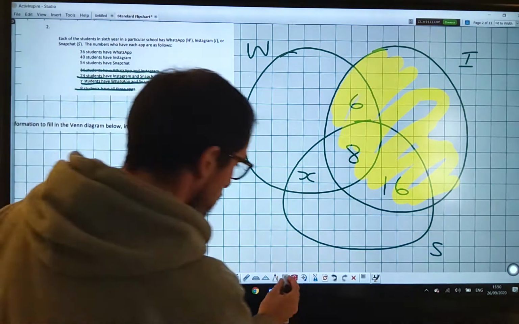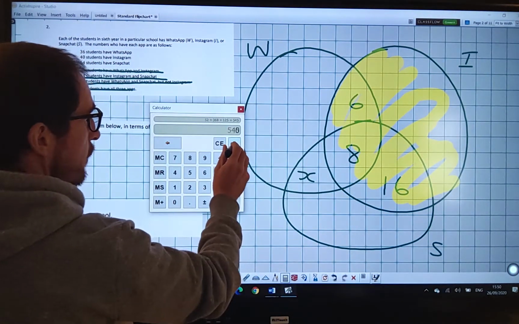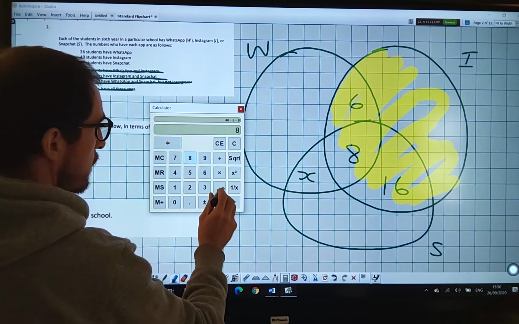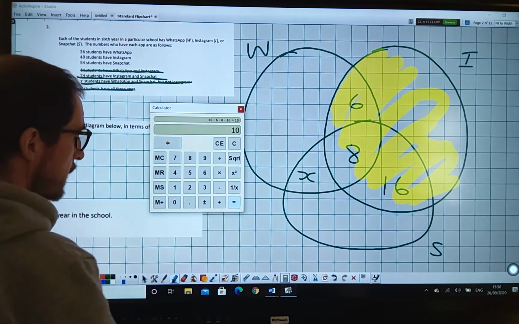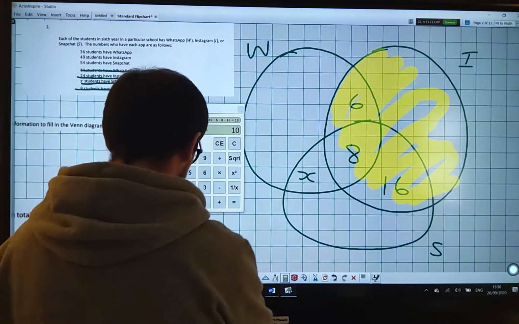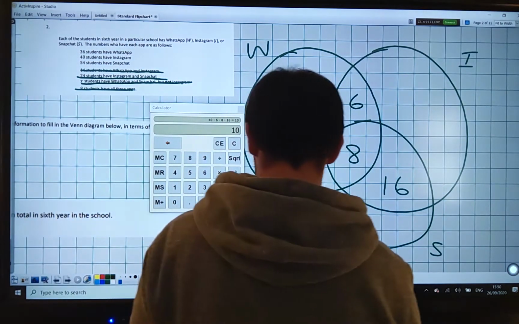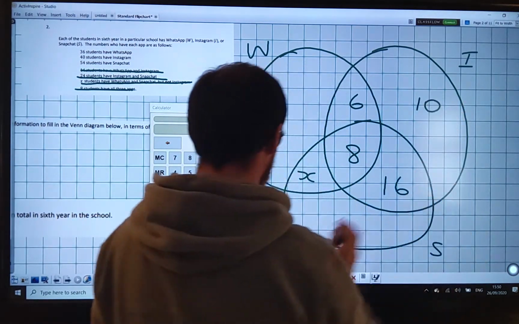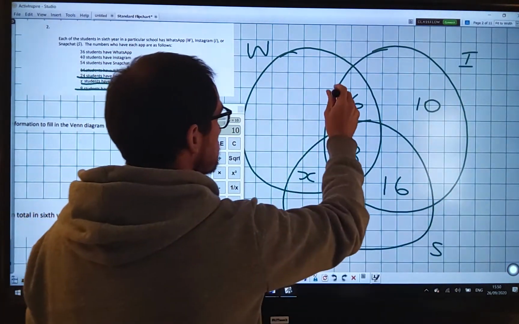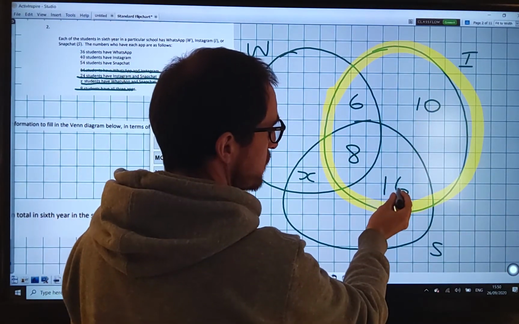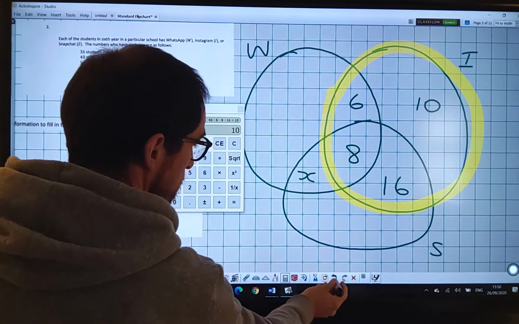So, you take your calculator and you work out 40, take away 6, take away 8, take away 16, gets me 10. So there's 10 included in that. And look, if I was to ask you what Instagram was, 6 plus 10 is 16, plus 16 is 32, plus 8 is 40.